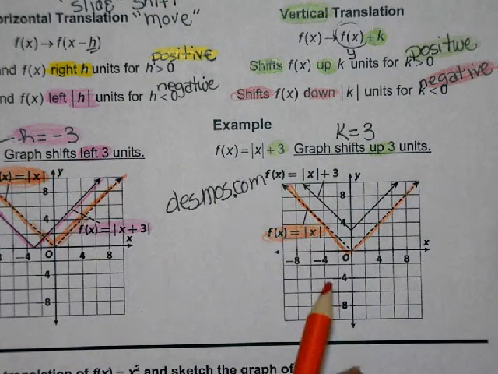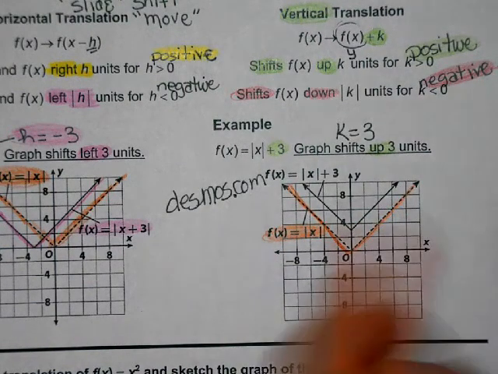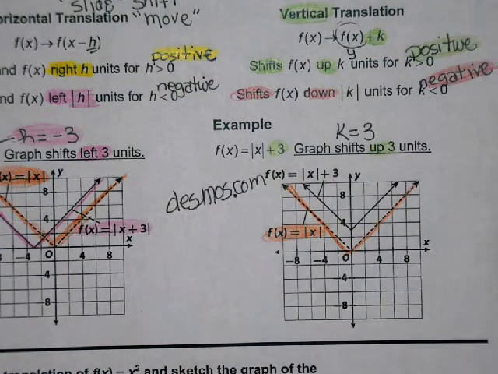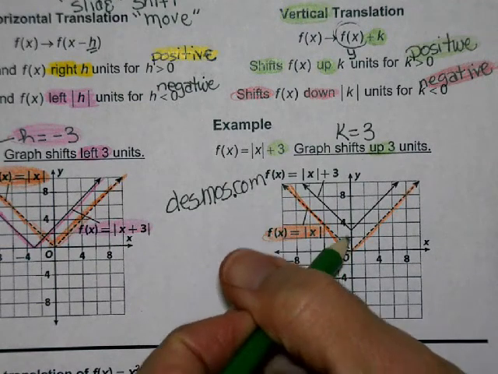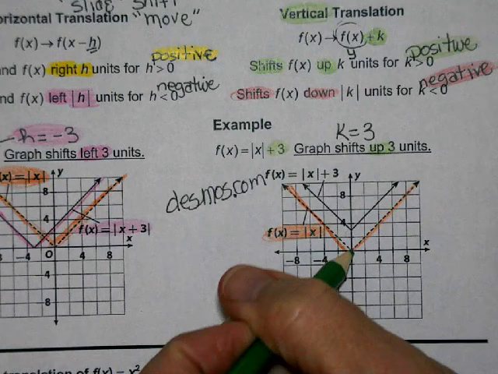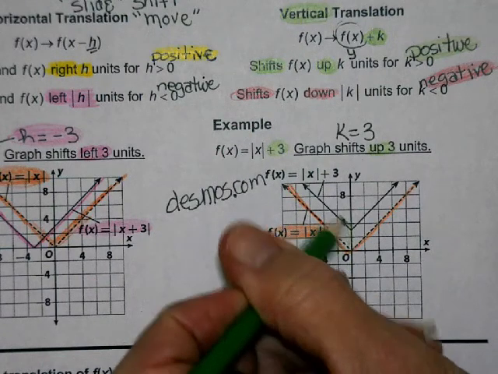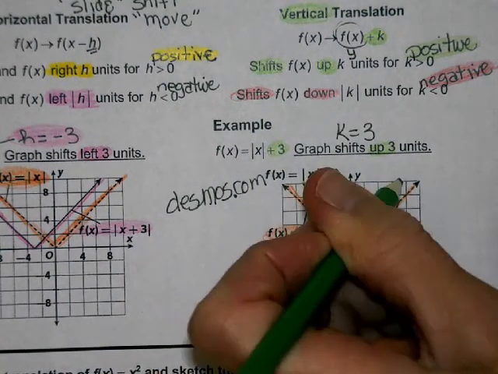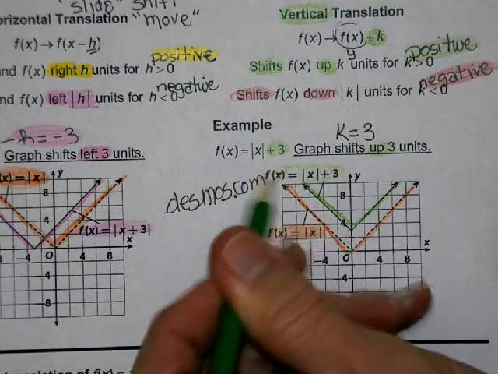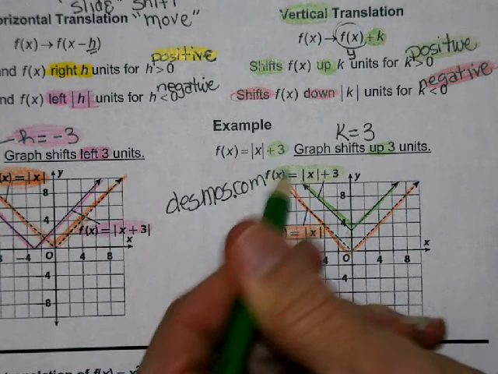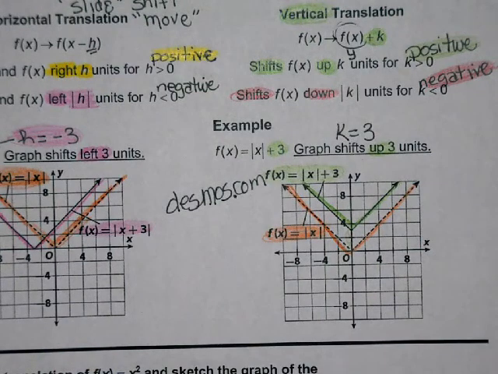This guy. That's before I changed anything. Then I take his vertex and every other point on his graph and go up 1, 2, 3. 1, 2, 3. Up 3. There he is. There's the new story right here.